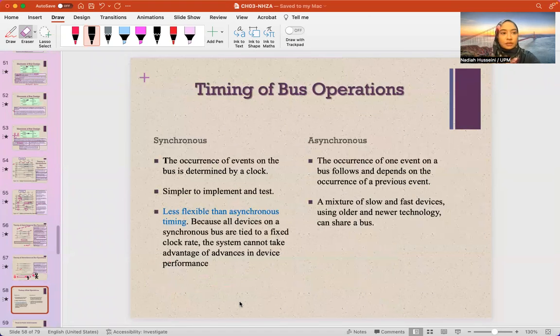Okay, so the timing of bus operations, we talked about the synchronous and the asynchronous. We saw the synchronous has time slots, whereas the asynchronous depends on the sequence of the previous events. The occurrence of events on the bus is determined by the clock line, whereas for asynchronous, you don't have the clock line, but you have the acknowledge line to communicate with each other.